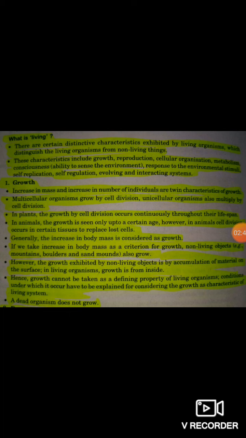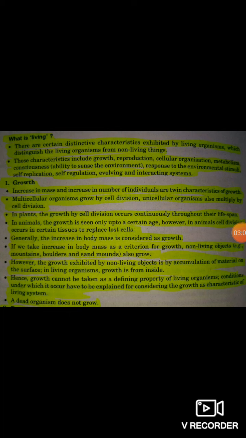In plants, growth by cell division occurs continuously throughout their lifespan. In animals, growth is seen only up to a certain age. However, in animals cell division occurs in certain tissues to replace lost cells.